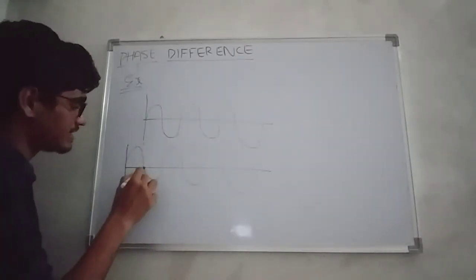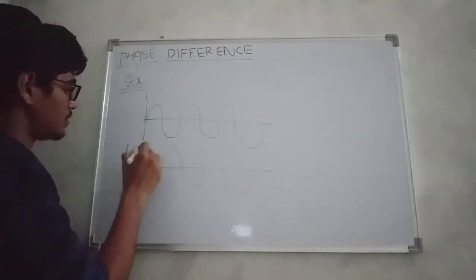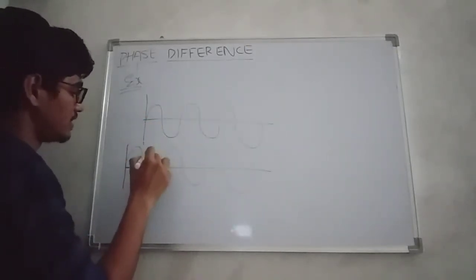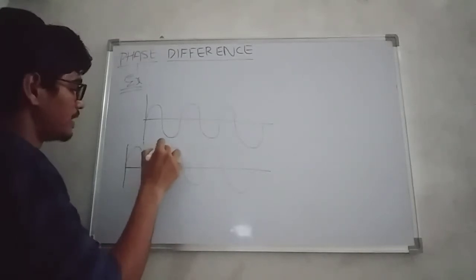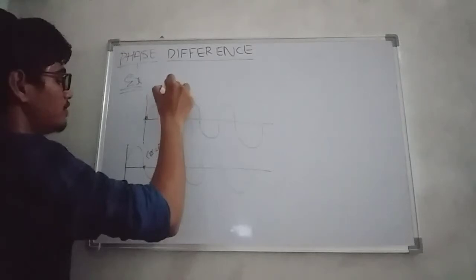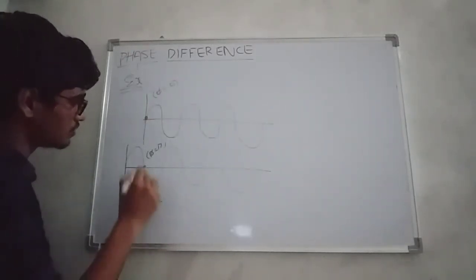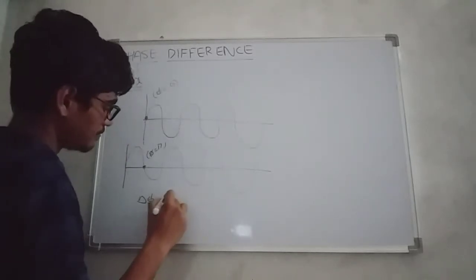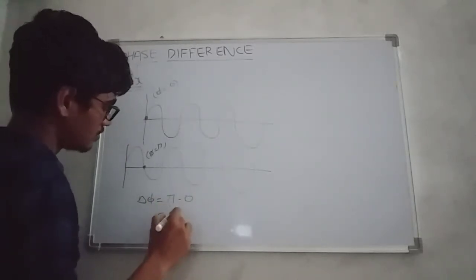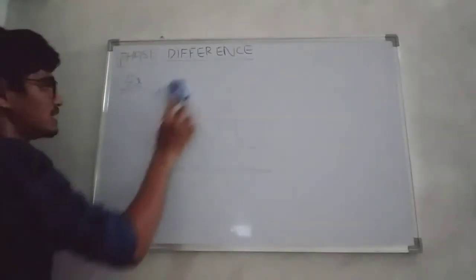After the wave reaching at this point, this wave is started. So, at this position, the phase of particle is pi, as I proved before, and at this position, the phase of particle is 0. So, the phase difference between these two waves is pi minus 0, which is equal to pi.